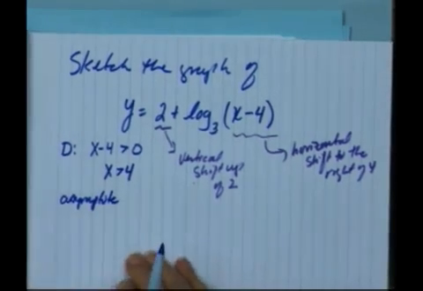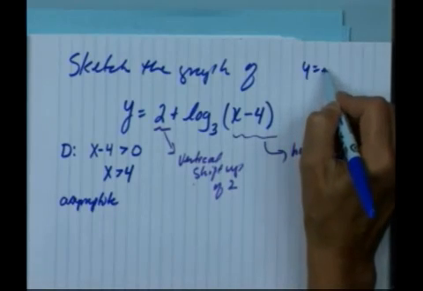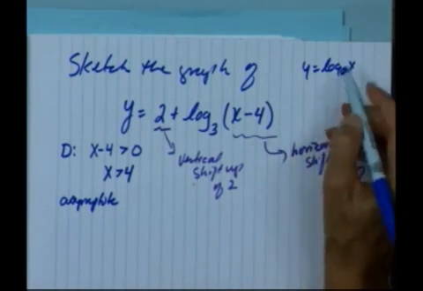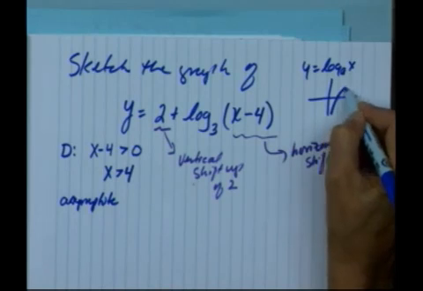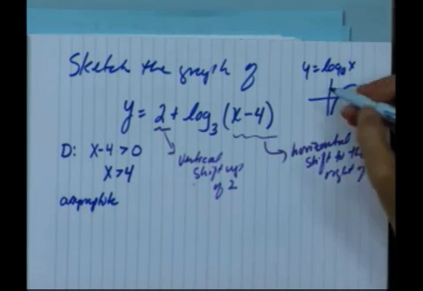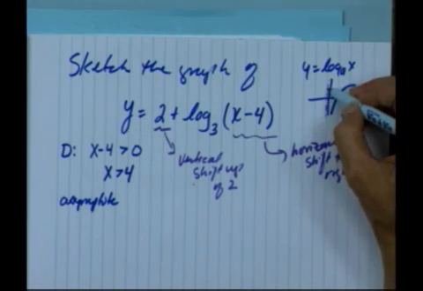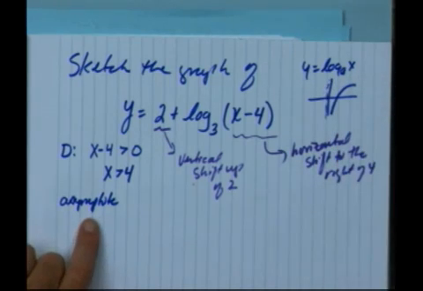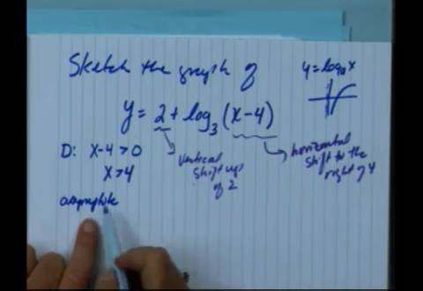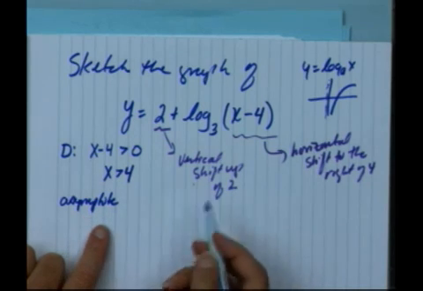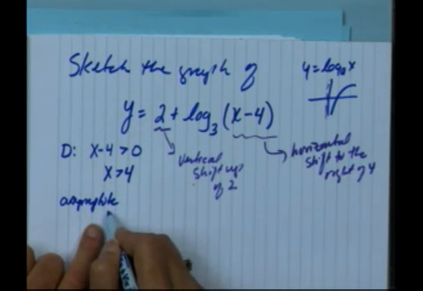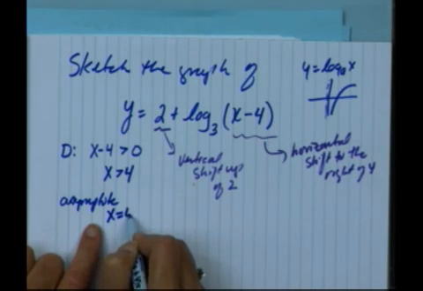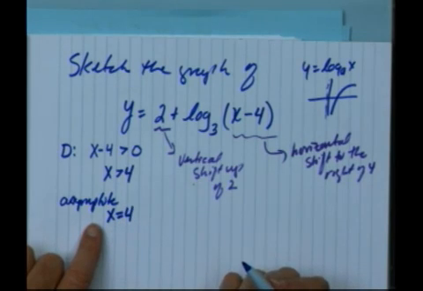Okay, remember when you were graphing y equals log to the base a of x, it looks like this, and remember that the y-axis, x equal to 0, was your asymptote. So if we shift it to the right 4, what's that going to do to your asymptote? Shift it to the right 4, so x equal to 4 is going to be your asymptote.